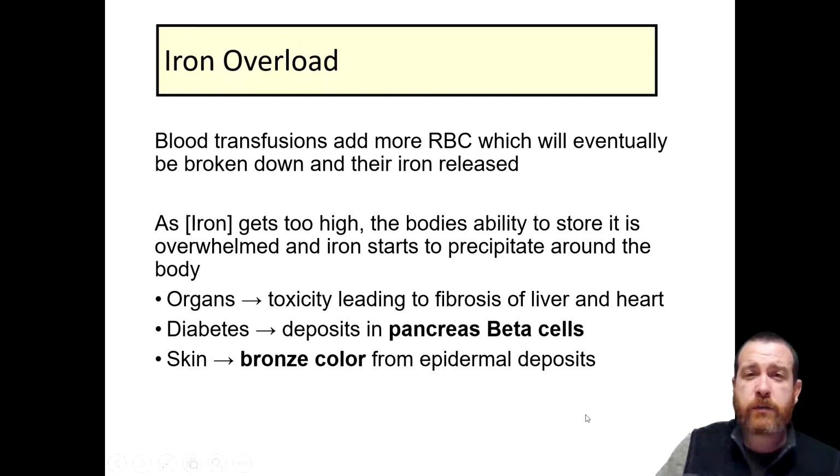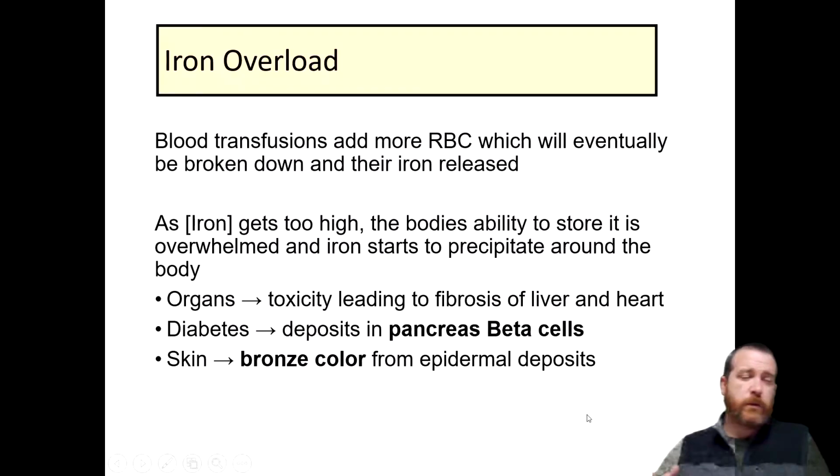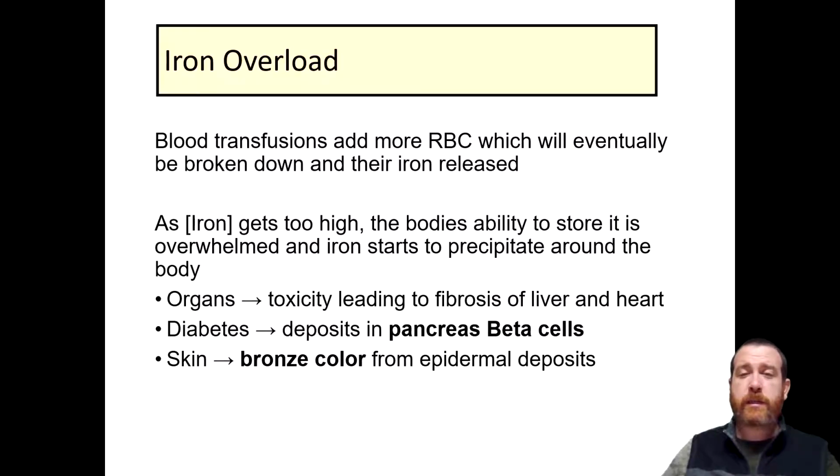But as this iron starts to increase in concentration, now we start looking for places to shove all this excess iron. So we start putting it into our organs, we start putting it into the pancreas, we start putting it into our skin, right? Particularly places like the liver and the heart tend to get hit pretty bad.